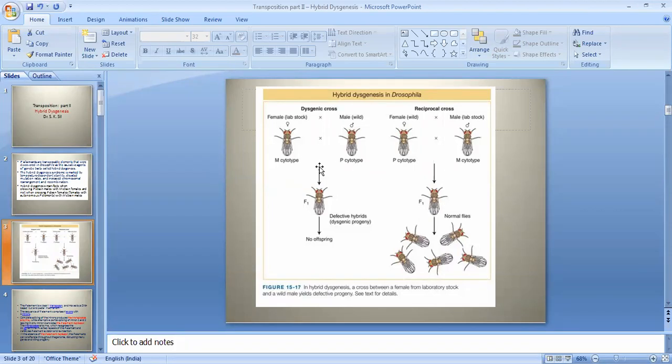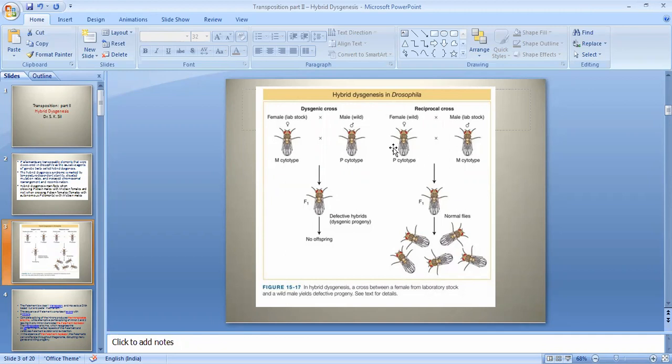But for the moment, just try to understand that in a certain type of cytotype, the distribution in male and female produces sterile offspring or progeny. Again, you see the distribution of P element, whether it is present in male, determines whether the progeny will be sterile or not.